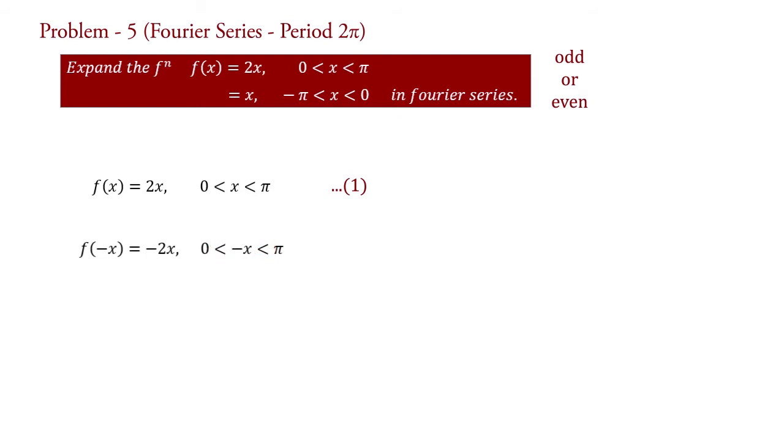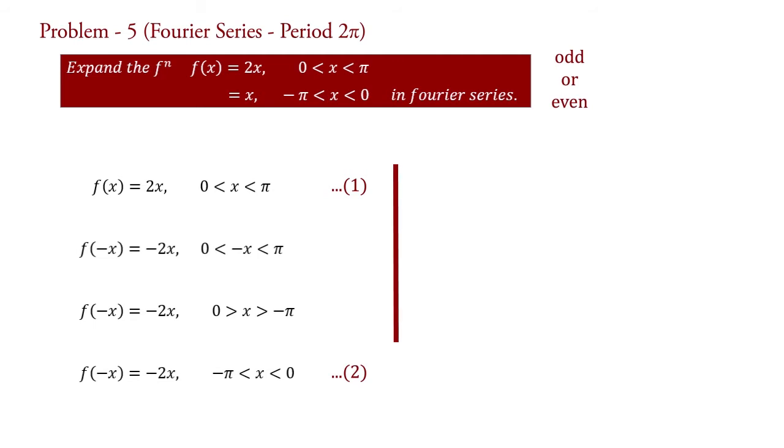So, simultaneously, we must change the sign of the other quantities, that is minus x and pi. And therefore, f of minus x equal to minus 2x for 0 greater than x greater than minus pi. Write the interval in inverse order. Therefore, f of minus x equal to minus 2x for minus pi less than x less than 0, say equation 2.